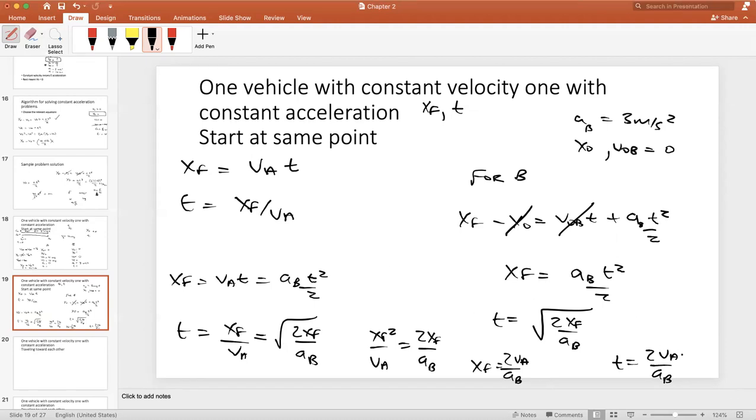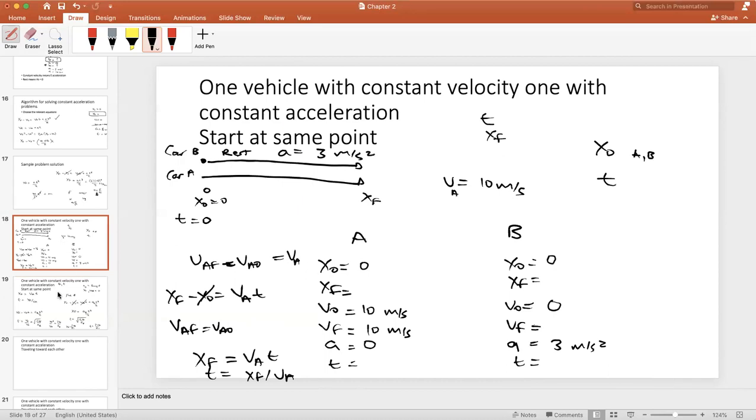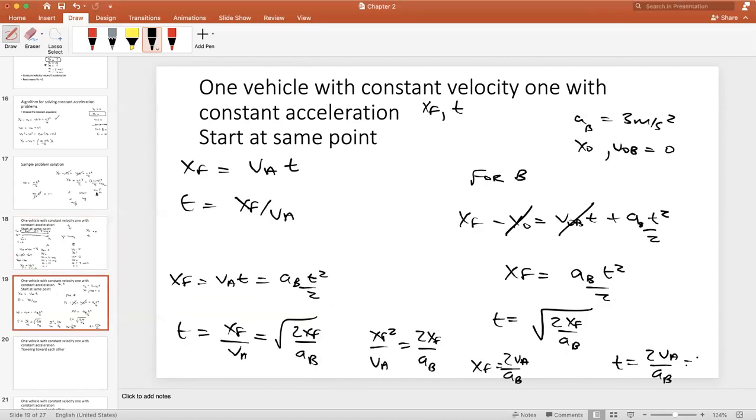So let's double check it and see if I can find my mistake. I said that vA was 10. So this would give me 2 times 10 over 3, which is 20 divided by 3, which is 6 point something seconds. I get 6.67 seconds is my time.